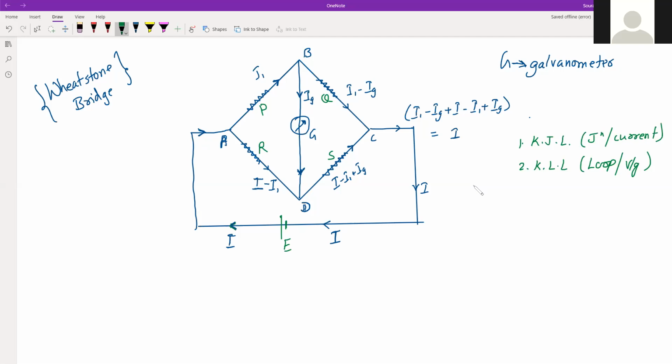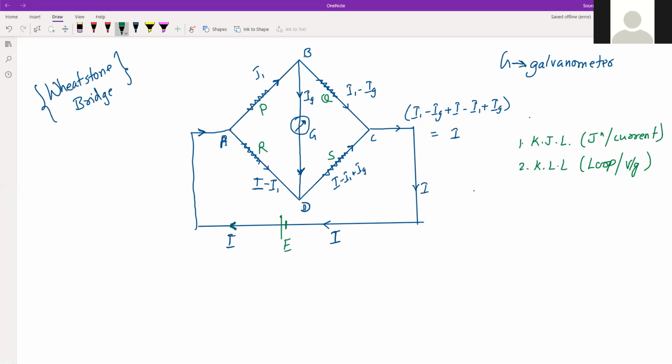Till now in this particular circuit, we have applied the junction rule. That is, whatever current comes at a point, the same current will leave that junction. So total incoming current in a junction will be equal to total outgoing current. Through that, we do the division of current. So division of current is over.